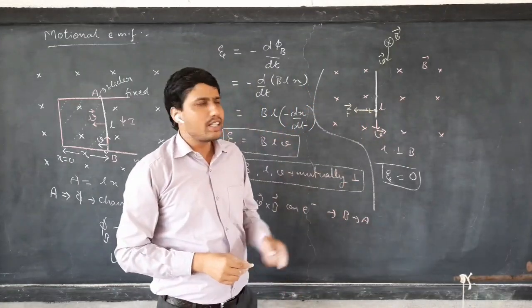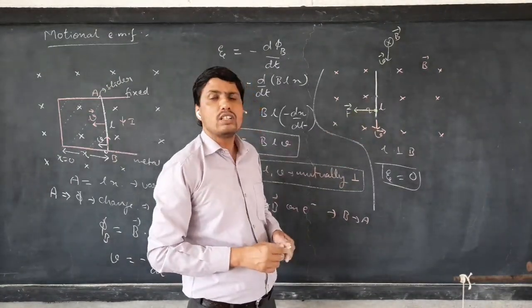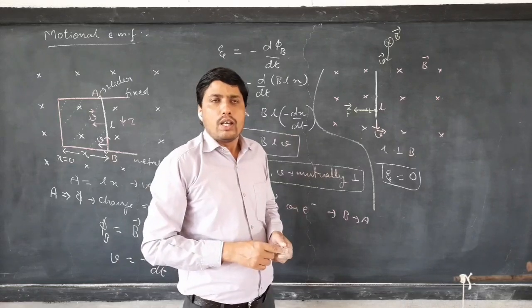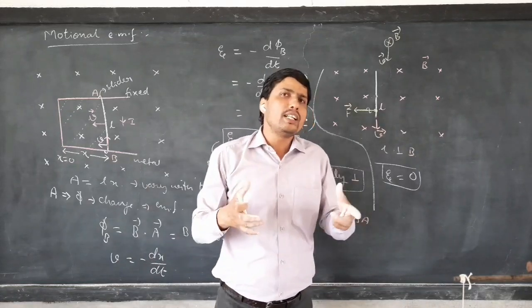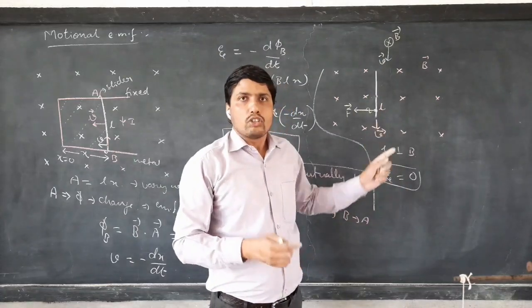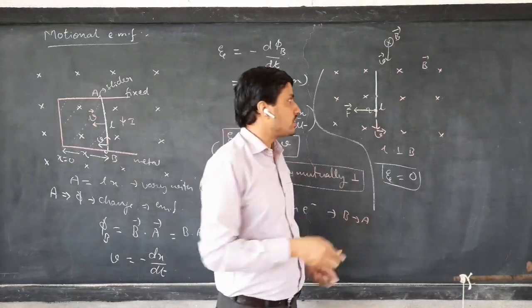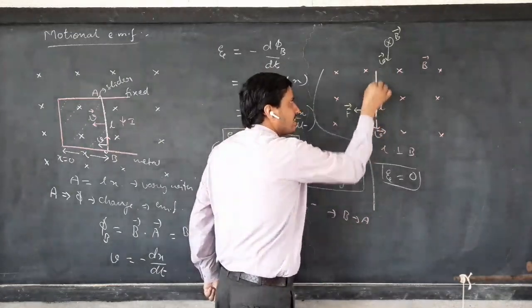But do you think the free electrons in this particular wire can move in this direction? They are not allowed to do so. Free electrons are not that free that they can leave the surface of the metal. This is a metallic conductor. So they can move anywhere within the metal, but they cannot leave the surface. Because we have a wire, its length is like so.